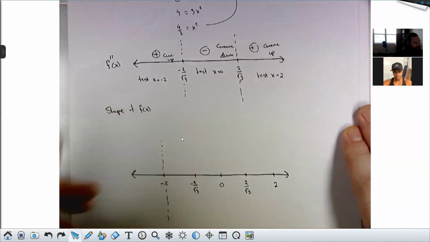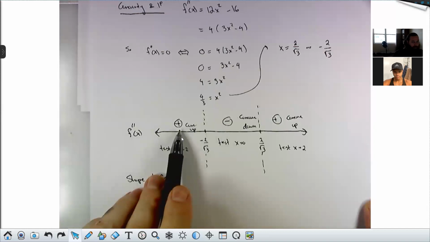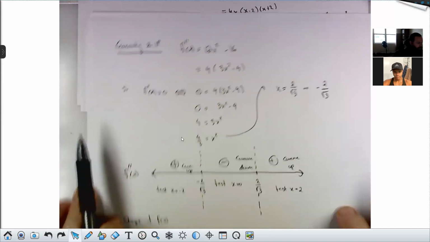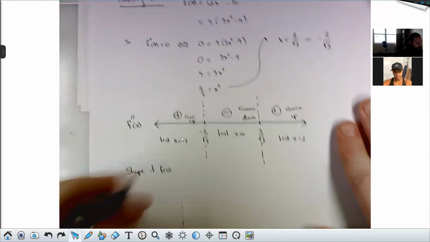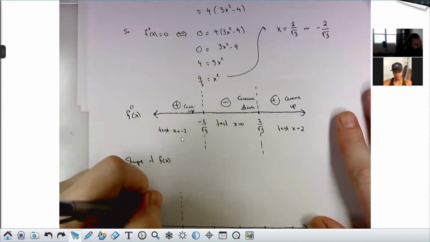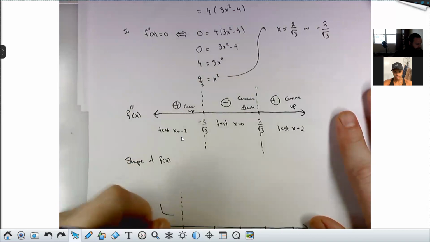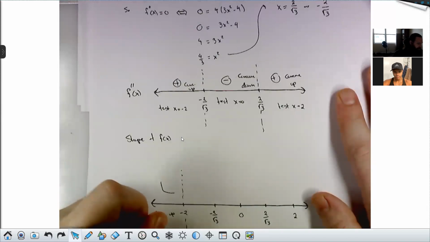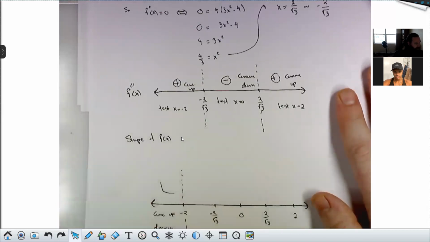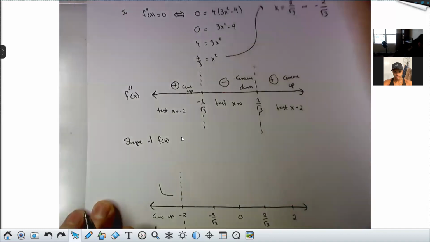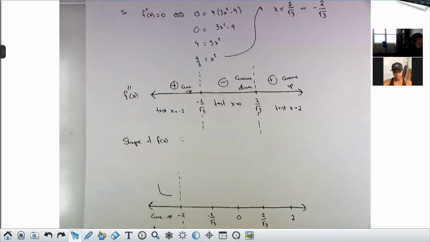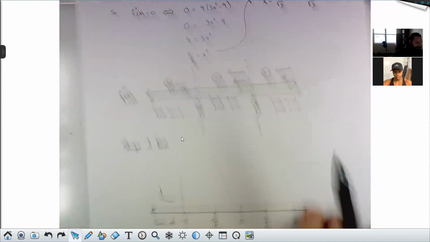To the left of negative 2, we are definitely concave up and decreasing. So concave up and decreasing looks like this. Between negative 2 and negative 2 over the square root of 3, what's going on?